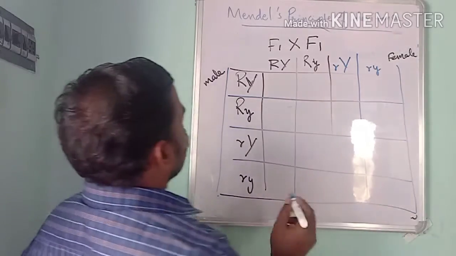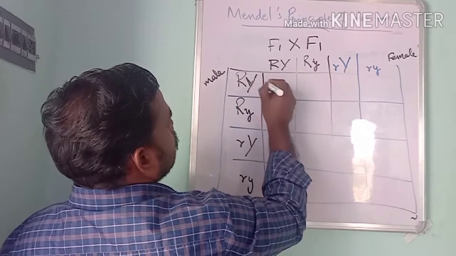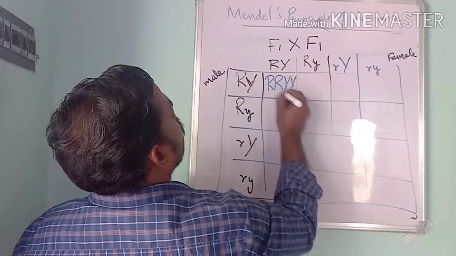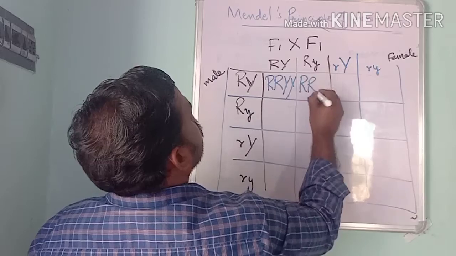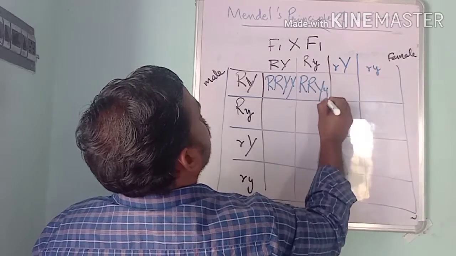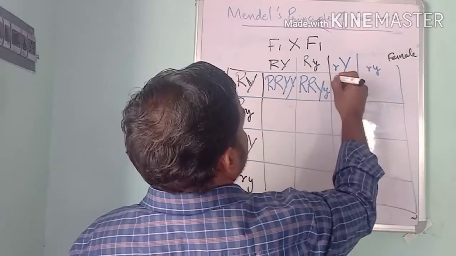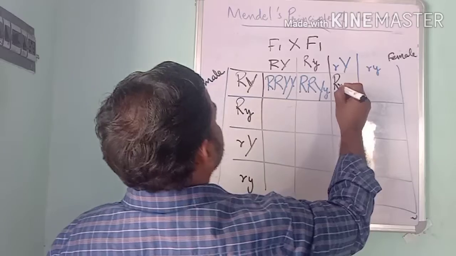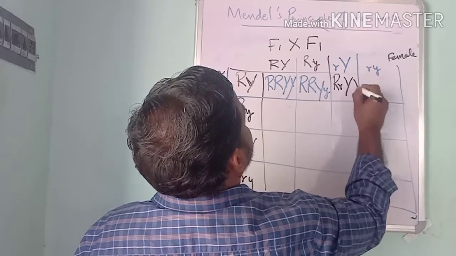Now what you are going to do is randomly reunite to form the traits. Am I right? So RRYY. Again RRYy, and again the capital letter or the smaller recessive letter.